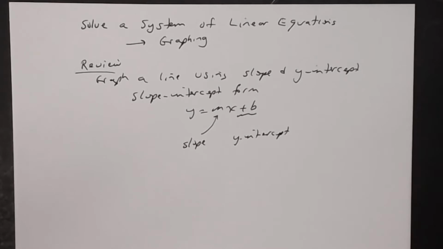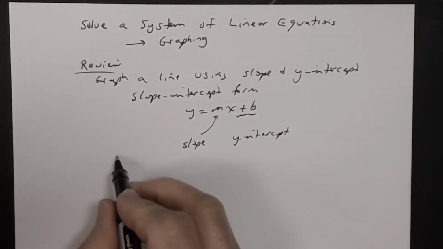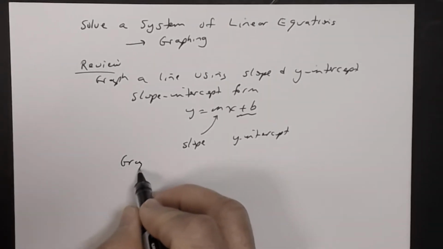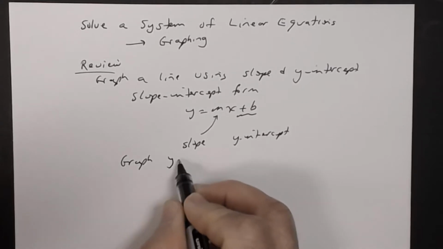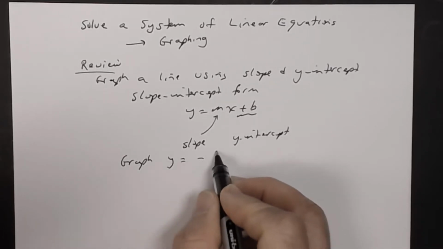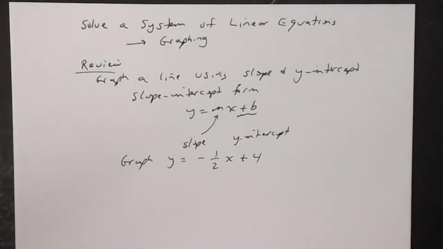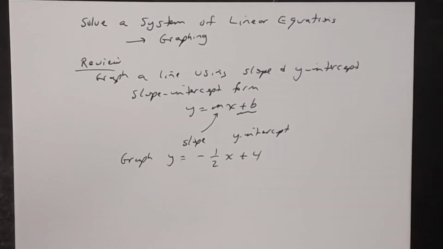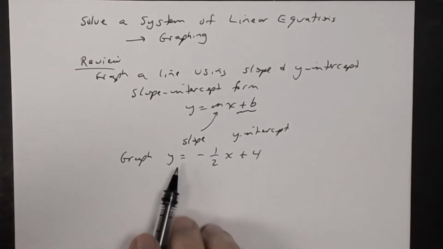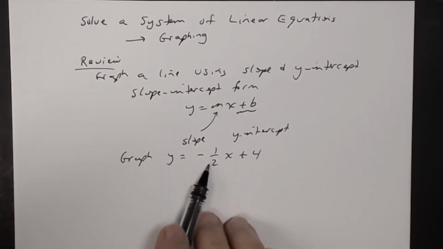Okay? And so if I want to graph this line, y equals negative 1/2 x plus 4, it's already in slope-intercept form. So y is already by itself. So that means that the coefficient of x is your slope.